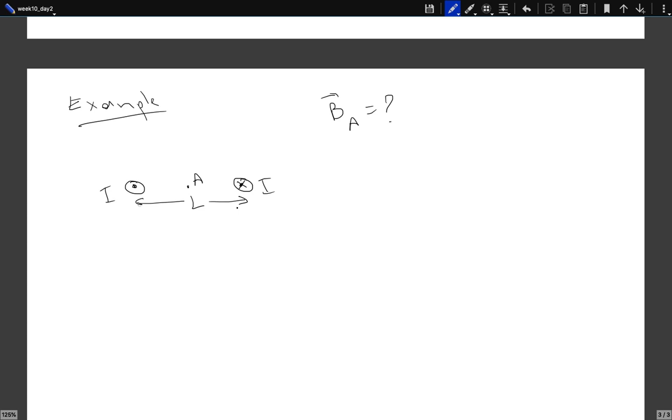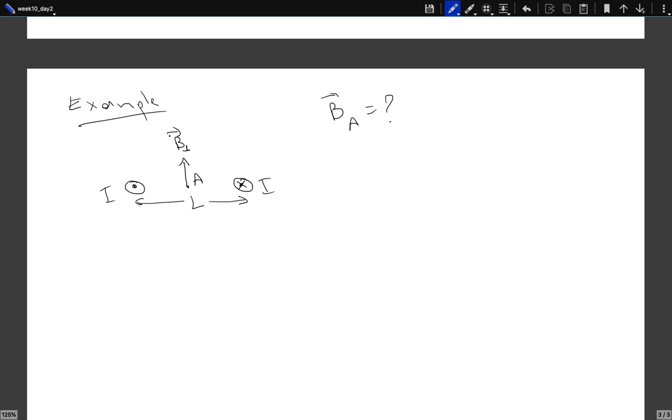Well, let's first calculate the magnetic field that each one creates. Let's start with this one. Take your right hand thumb in the direction of the current, so your fingers curl in the direction of the magnetic field. In that case, it is just pointing up. So there is a magnetic field from this one. Let's call it B1.